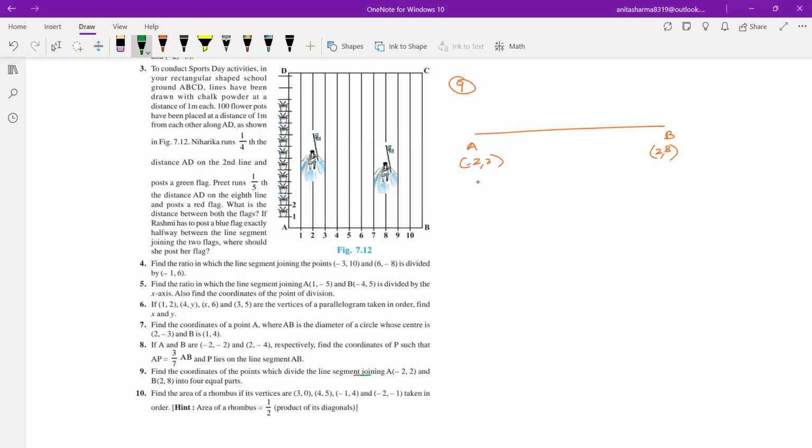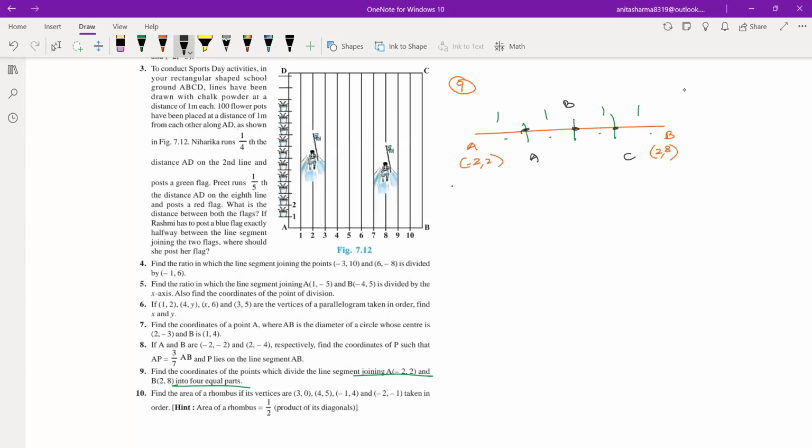See, they are saying that it is divided into 4 equal parts. So divide into 4 equal parts: 1, 2, 3 and 4, right? So we use the section formula. Ma'am, how would we get the values of m and n?